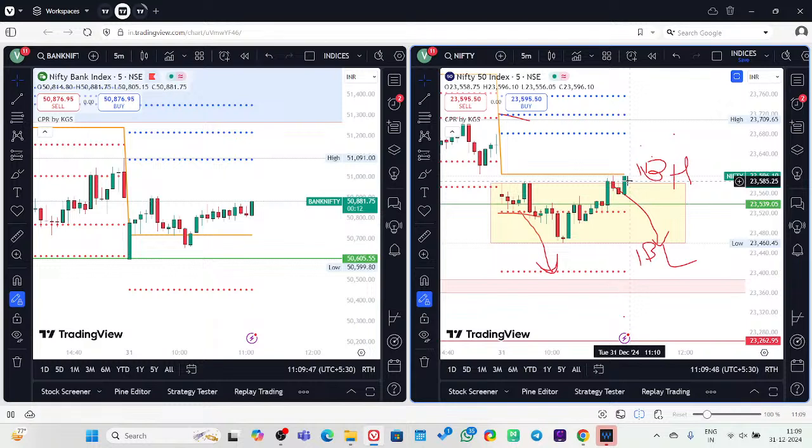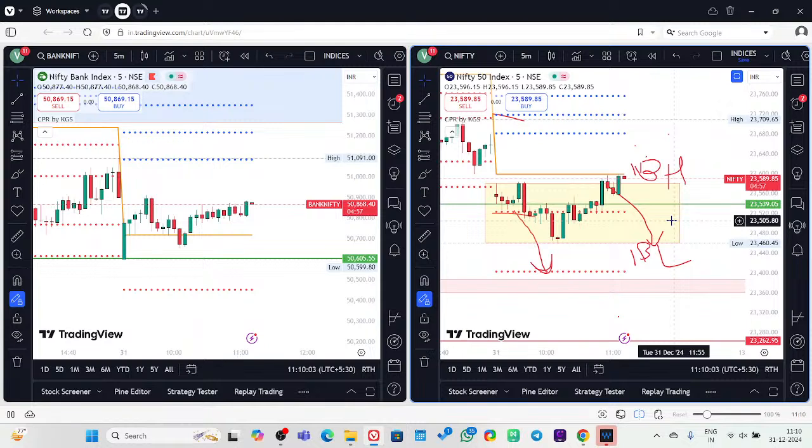This level is breached with this green candle. We still have some room to expect bearishness because the price is below the previous day low.